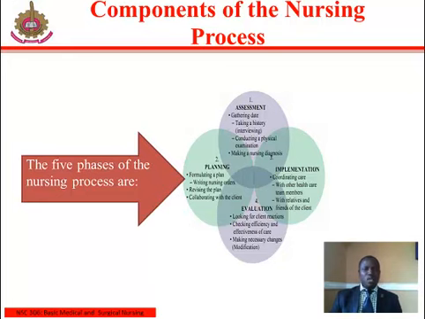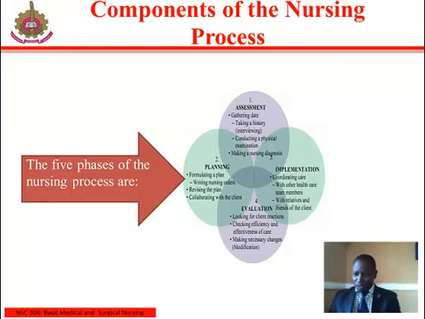Number 2 is diagnosis. The second step of the nursing process begins with an analysis of data obtained in assessment and results in a statement of nursing diagnosis about the client. Gordon 1987 describes 4 components of the diagnostic process. 1.